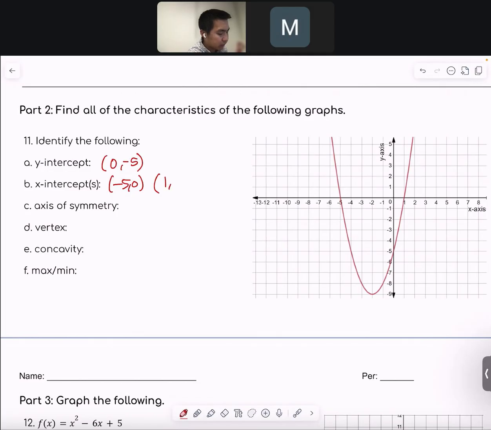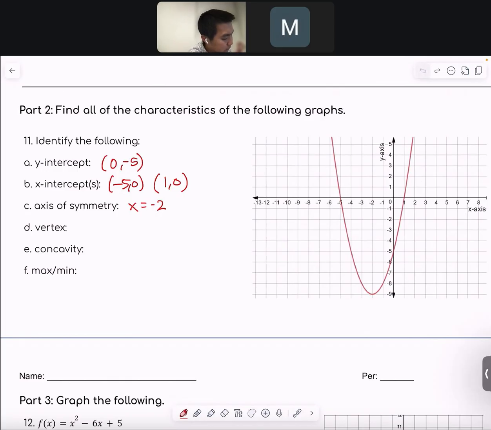and 1, 0. Axis of symmetry is where the parabola, or the quadratic, gets cut in half. So that would be this line right here, which is at x equals negative 2. You must write x equals negative 2 for the axis of symmetry part. The vertex is the lowest point or the highest point of the graph, which is right there. So that's, what is that?